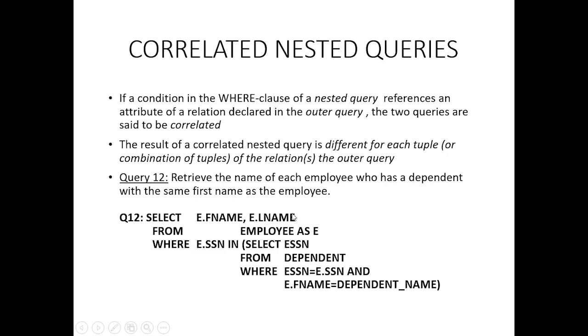So we are using aliasing here, where e.SSN in select ESSN from dependent where ESSN equal to e.SSN and e.F name is equal to dependent_name. So this will return the names of employees who have a dependent whose first name is the same as the name of the employee.